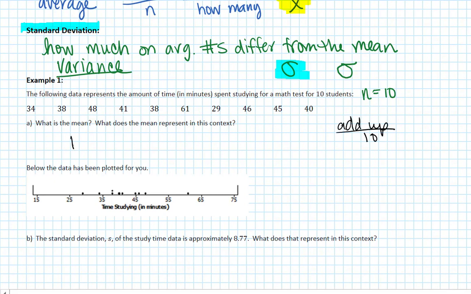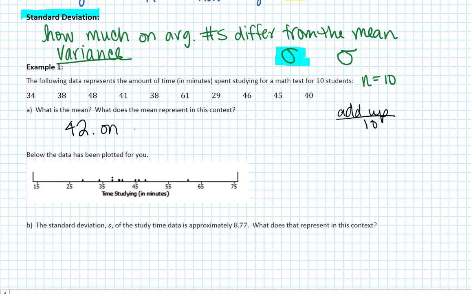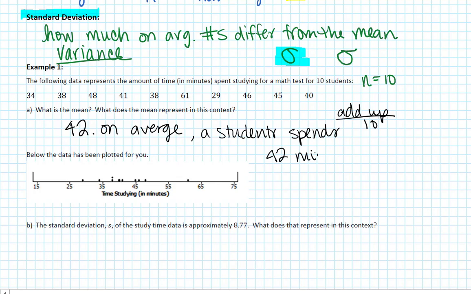When I do that, I get that my mean is 42. What the mean represents in this context is that, on average, a student spends 42 minutes studying for a math test.